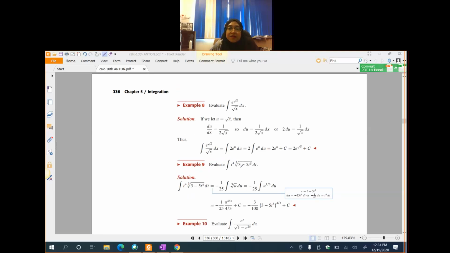What about example 9? t to the power of 4, 3 minus 5t to the power of 5, all to the power of 1/3. So this is a cube root. Cube root is just to the power of 1/3. Okay.